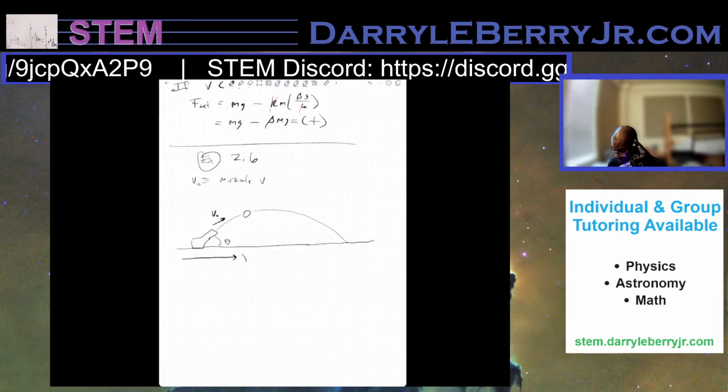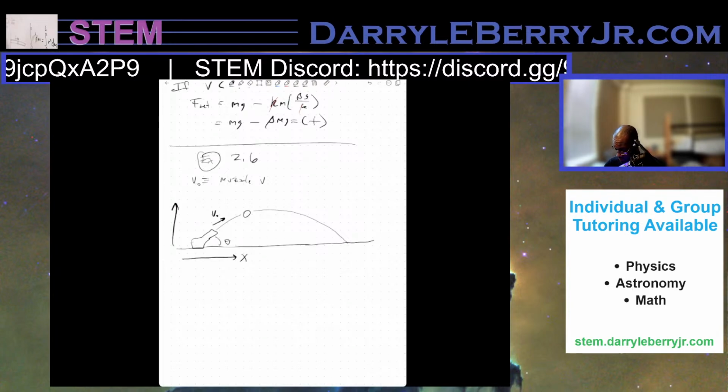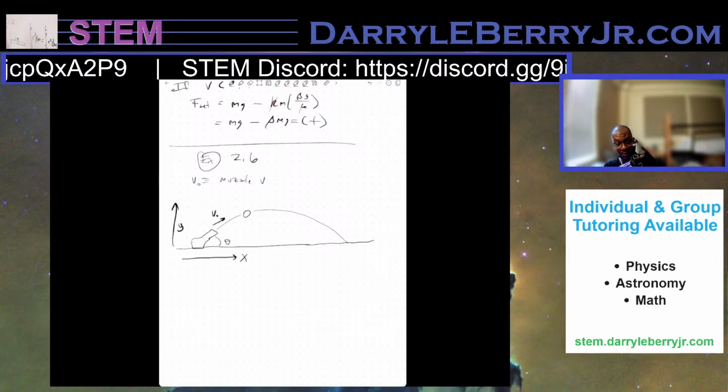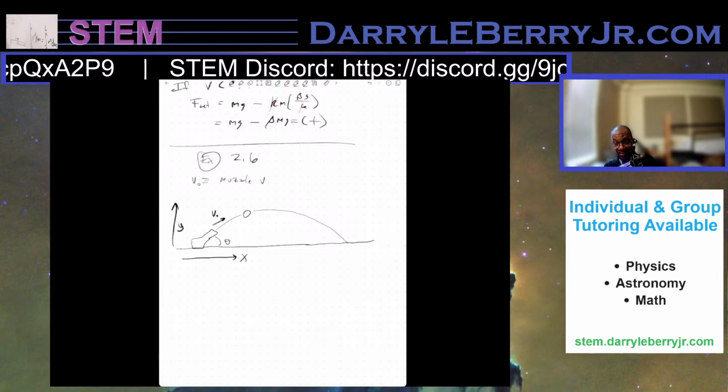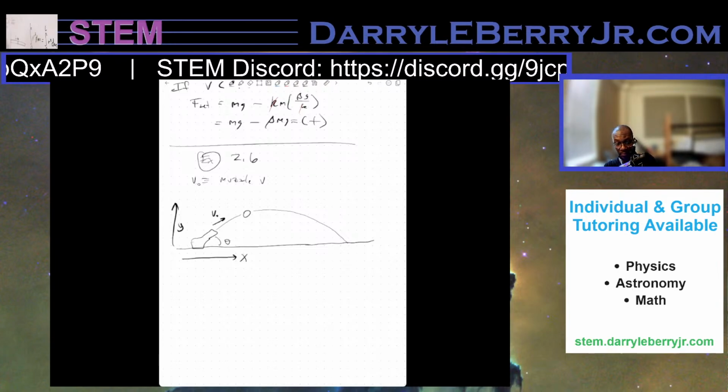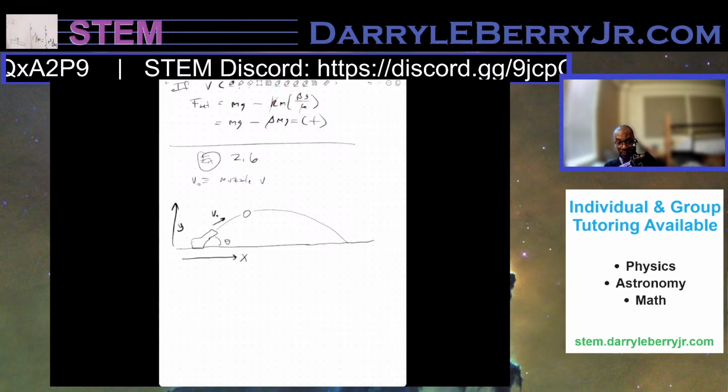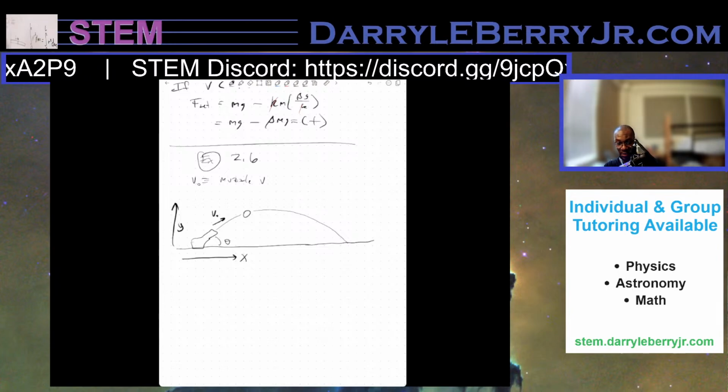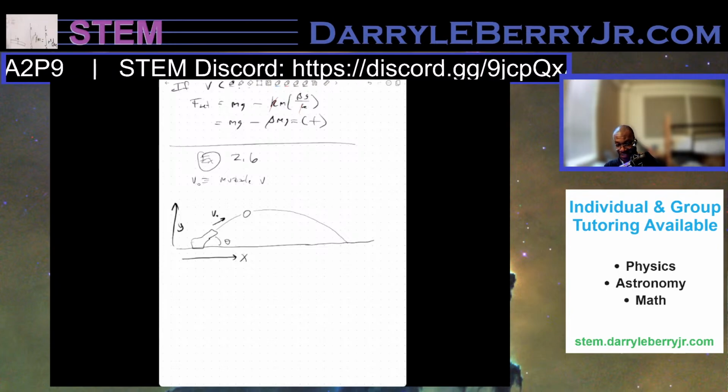We'll call this x. We'll call this y. Now we have movement in 2 dimensions. Derive the projectile's displacement, velocity, and range.